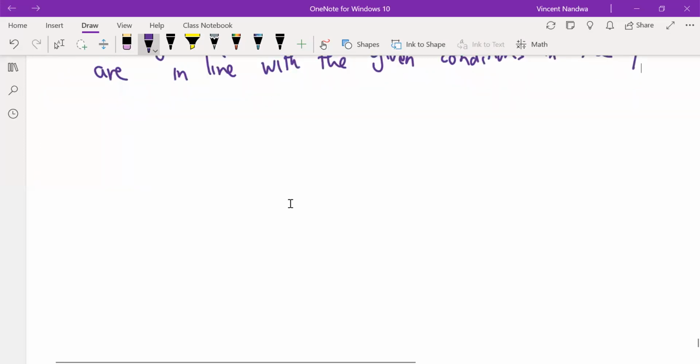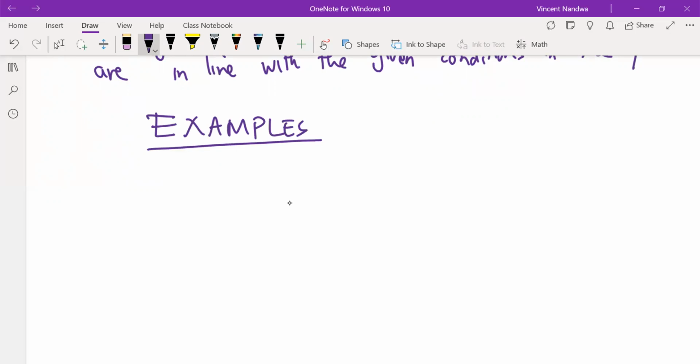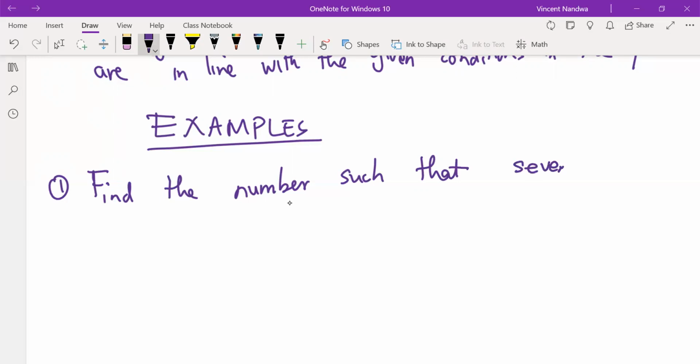So we start by describing how we solve problems with examples. The first example: 7 times a number increased by 10 is 24. Find the number.